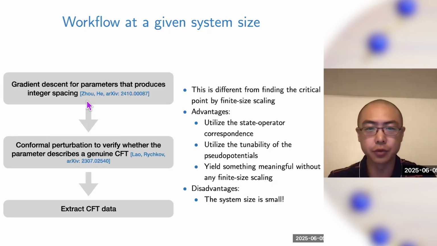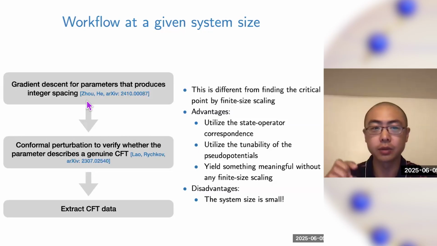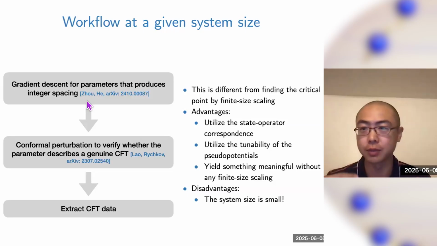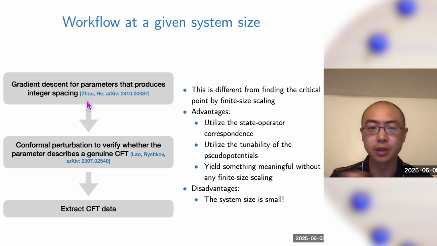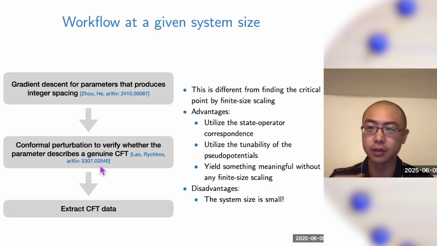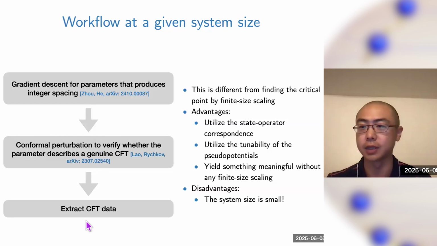Because sometimes if you choose a wrong starting point to do the gradient descent, it's actually easy to get a fake parameter that gives you a very nice integer-spaced spectrum, but it's actually not a CFT. So you have to do some more work to rule that out, either conformal perturbation or just staring at the spectrum. And then after it passes some sanity check, you can use it to extract CFT data.